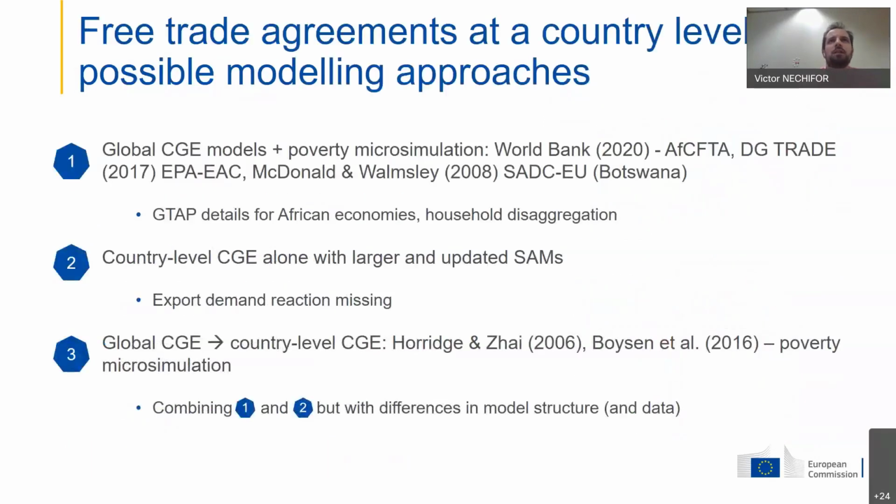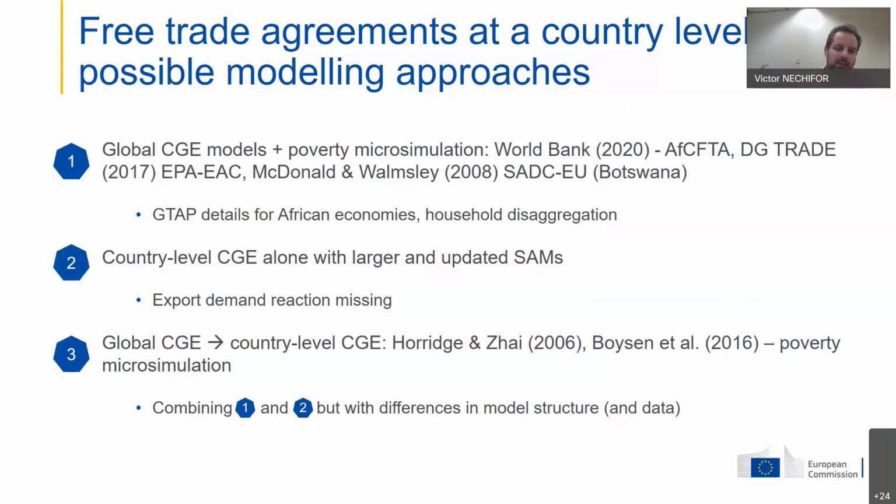Now, when running an economy-wide analysis to determine the impacts at the country level, there are several approaches. Here you have 3. Considering the AfCFTA is a multilateral, multi-regional trade agreement, the usual suspect is using a global CGE model, such as Magnet.